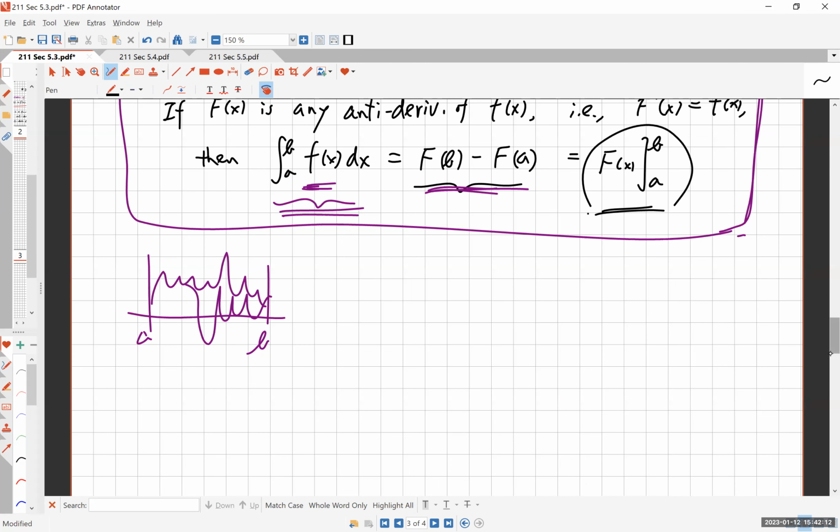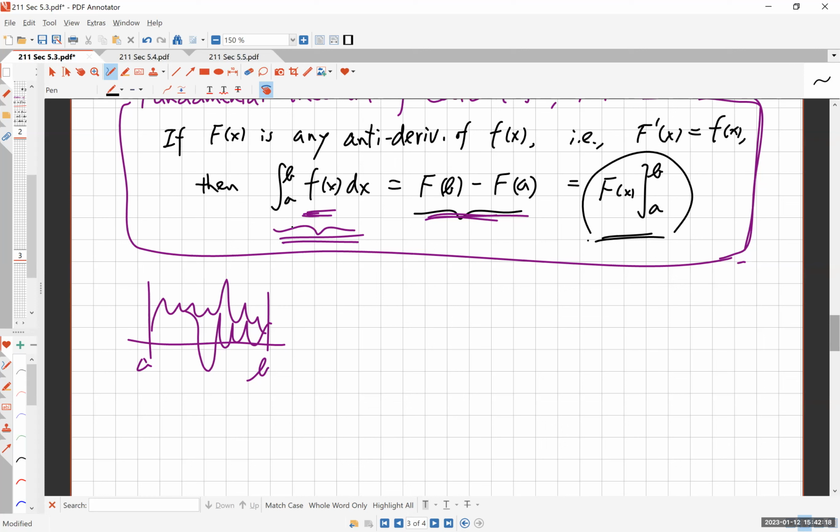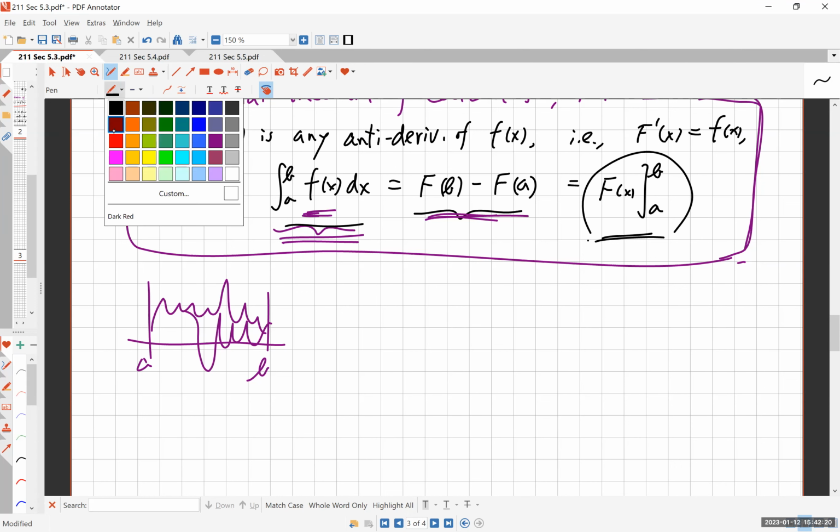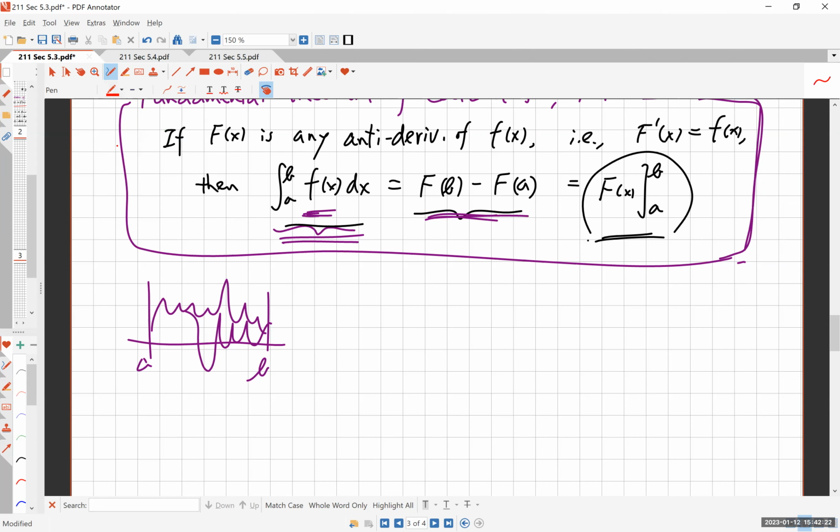All right, so what would you say if I just ask you to stop and say, hey, can you tell me what you think? Here we now have a way to evaluate the definite integral for many functions by using this anti-differentiation. I think what you should say is, wow.